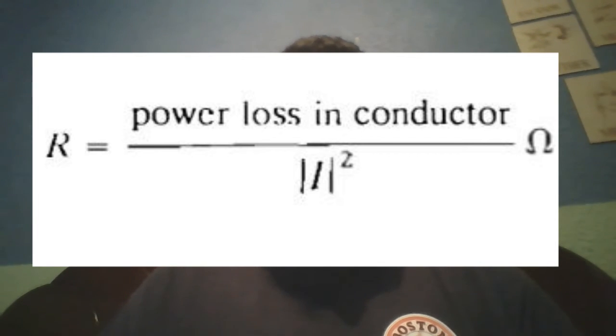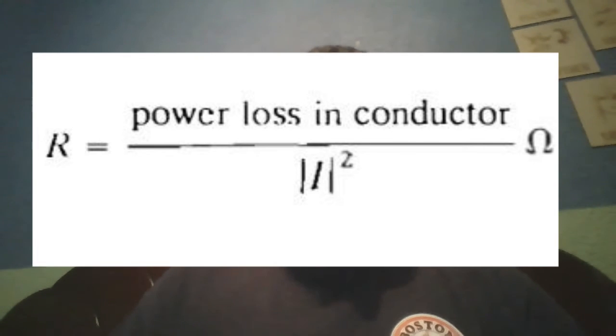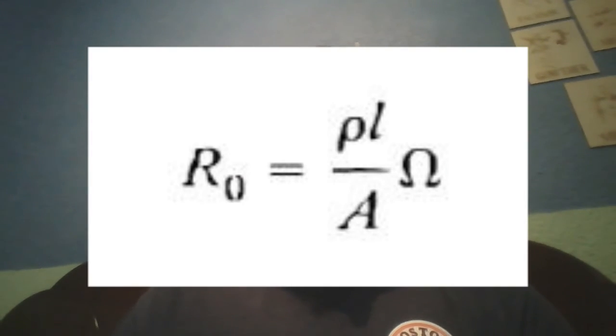The effective resistance is equal to the DC resistance of the conductor only if the distribution of current through the conductor is uniform. Direct current resistance is given by the formula, where ρ is the resistivity of the conductor, L is length, and A is cross-sectional area.